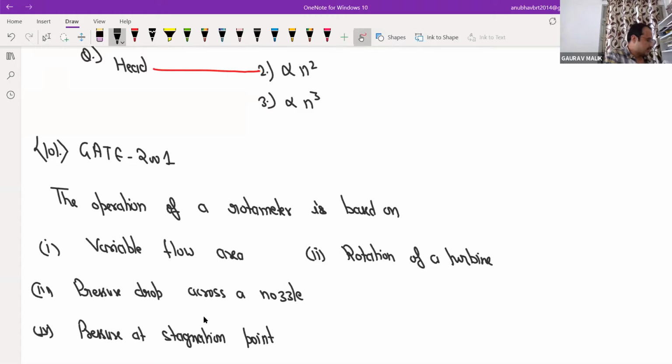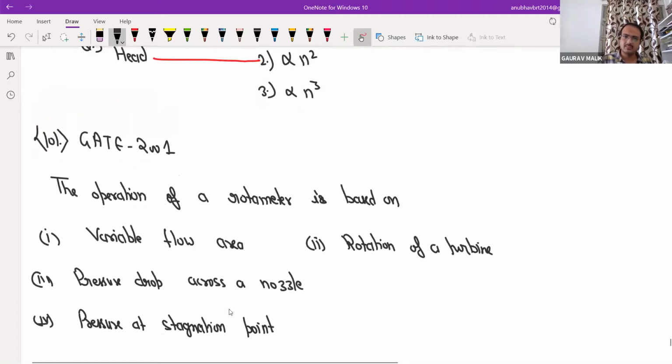So which one is correct? One mark, easy marks. The first is the correct one.